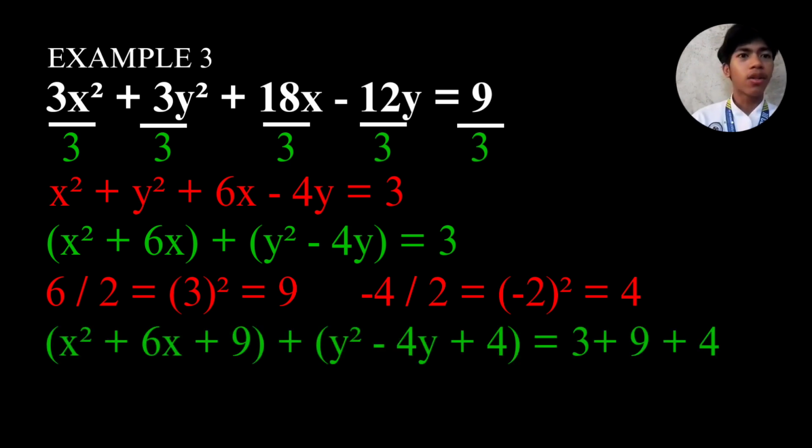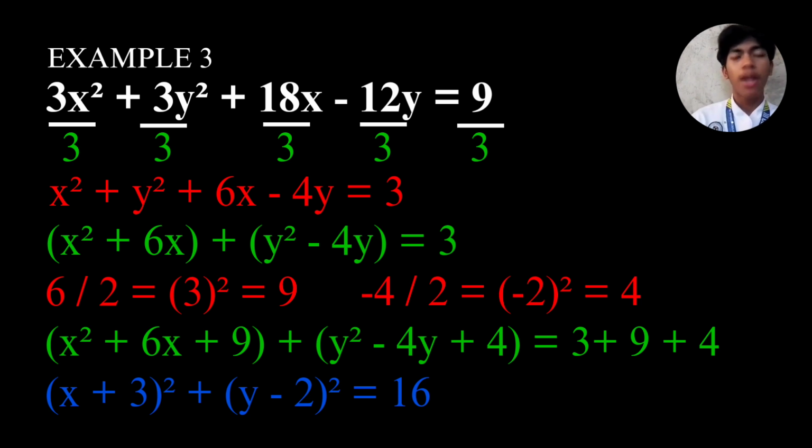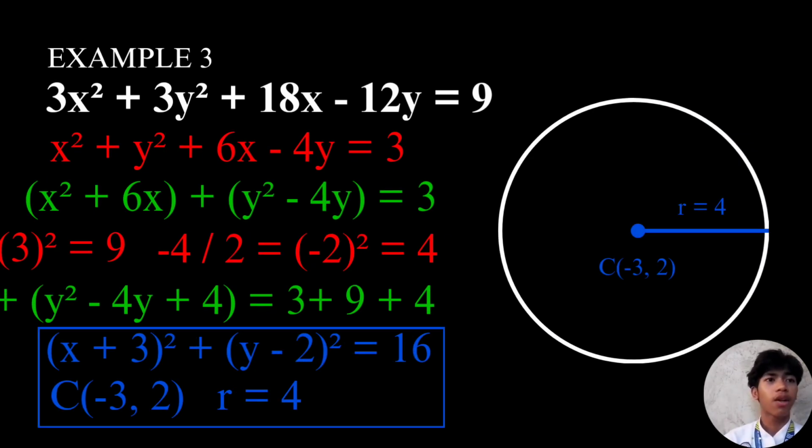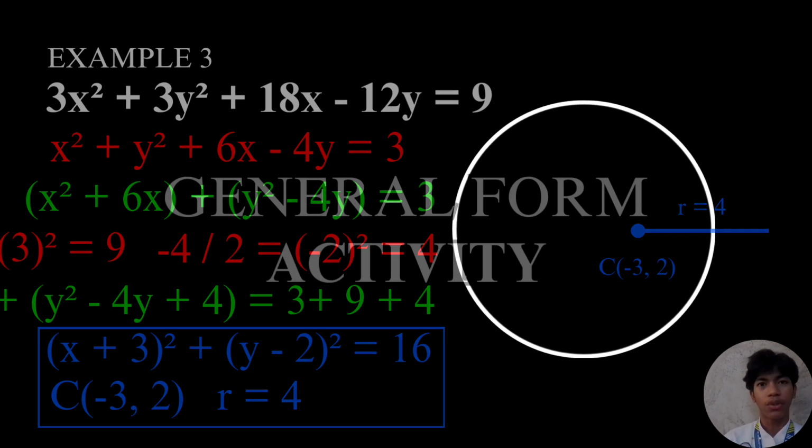Add the results to both sides and get the standard equation. Once again, by using the values inside the parentheses during the square of the binomial, we get (x + 3)² + (y - 2)² = 16. We then find the circle's center at (-3, 2), and finding the square root of 16, resulting in 4, the number of units separating the circle's center and its circumference.